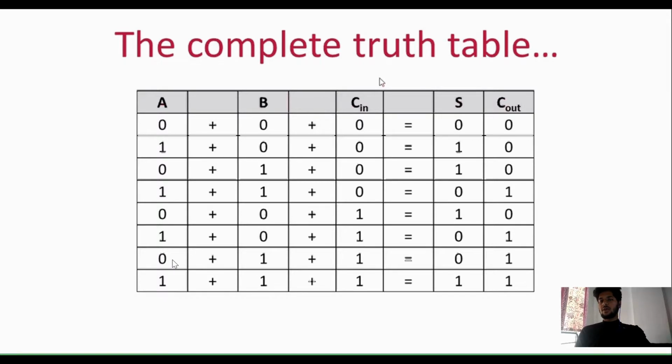When we take A equals 0, B equals 1 and Cn equals 1, then sum becomes 0 and carry is 1. When we add A equals 1 plus B equals 1 plus Cn equals 1, then we get both sum and carry equal to 1. This is the complete truth table of the full adder.